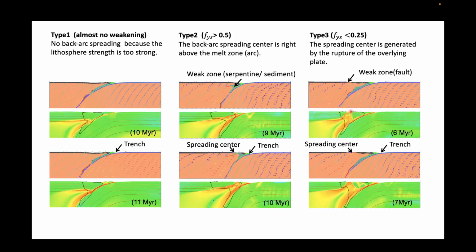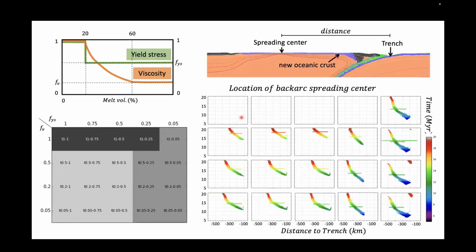And this is the location of the back-arc spreading we observe in the present-day Earth. Most of the back-arc spreading is on the back side of the arc. It's not right on the arc. So we test different parameters for the weakening of the yield stress and the weakening of the viscosity.